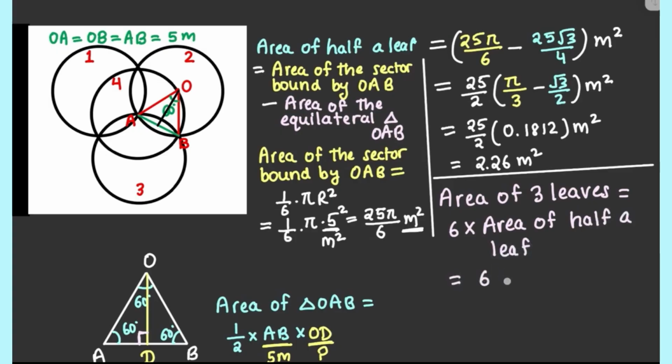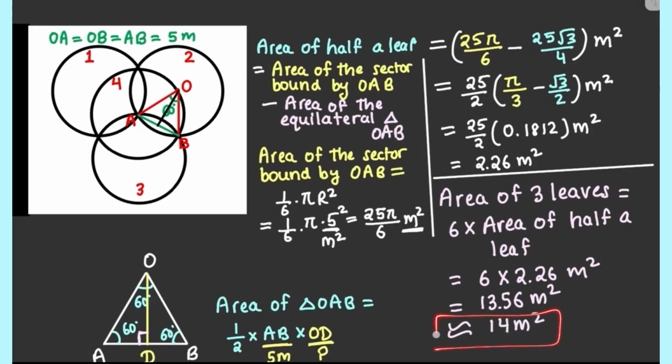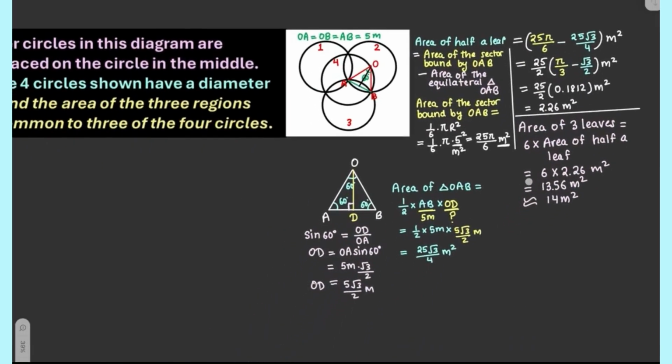What do we get? 6 times 2.26 meters square. That gives us 13.56 meters square. If you want, you could round it up to 14 meters square. This is your answer. So here you go.